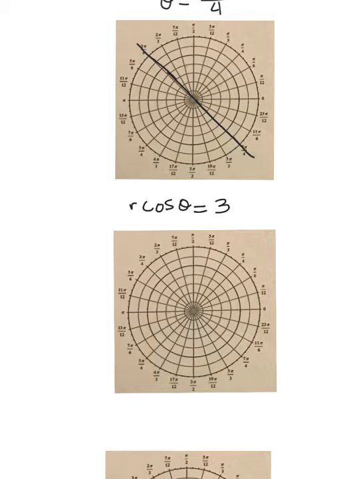In the rectangular system, an x equals is a vertical line. It is also a vertical line in the polar system. But you go out to the third line from the center. So we go out 1, 2, 3 lines from the center and then draw a vertical line at that point.